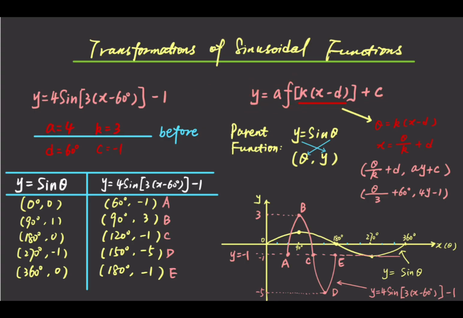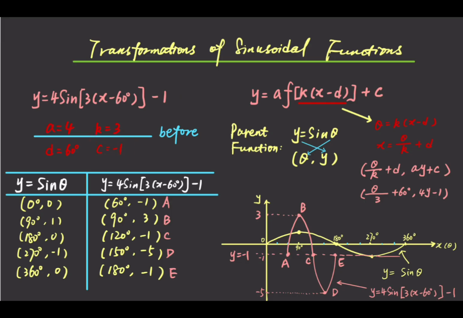You can find out here it is a, so a equals 4. This one, k equals 3. D is 60 degrees, so d equals 60 degrees. Here it is plus c, but here it is minus 1, so c equals -1.